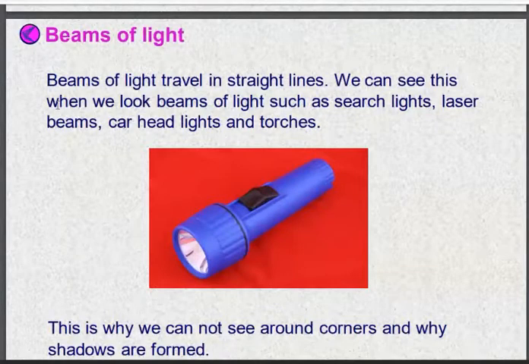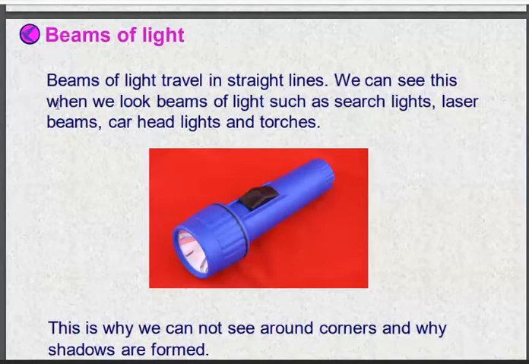A beam of light travels in a straight line, and that's why this branch of optics is called ray optics, or sometimes geometrical optics, because light travels in a straight line, and this straight line path of the light is called a ray.